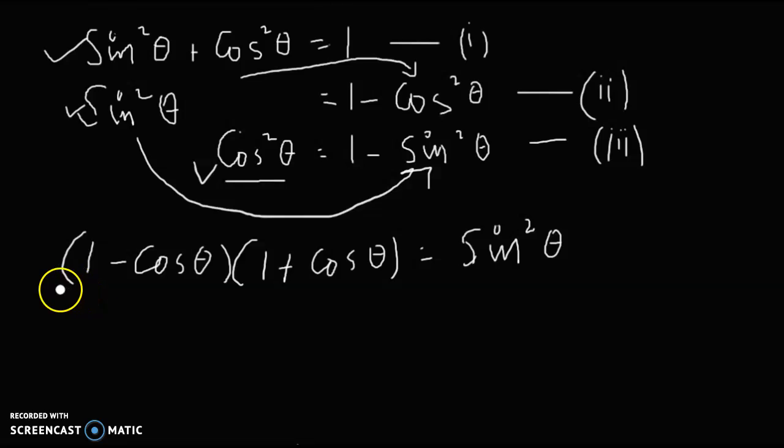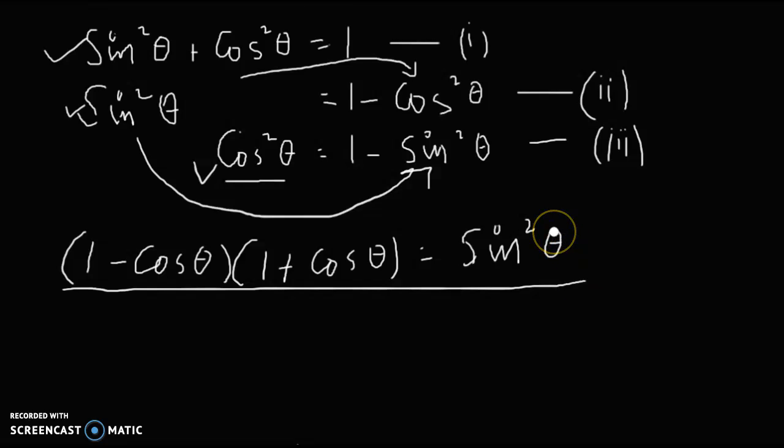Okay, now let us see this complicated thing: 1 minus cos theta into 1 plus cos theta is equal to sine square theta. Quite complicated, but let us see how to solve this. This is a minus b into a plus b, which is equal to a square minus b square.